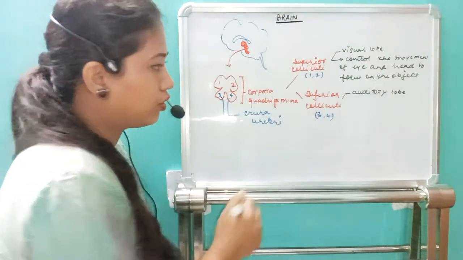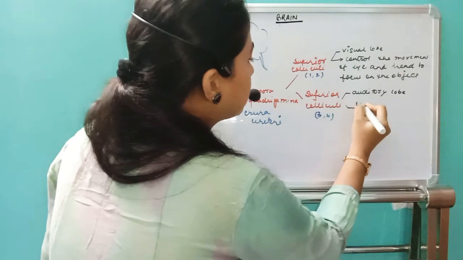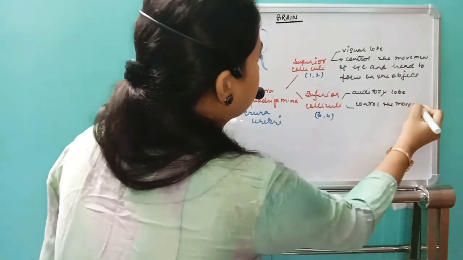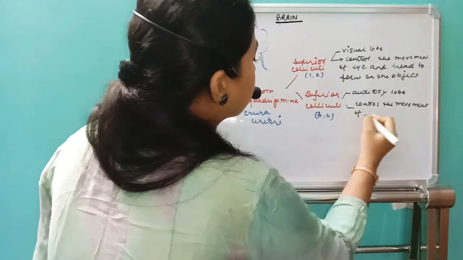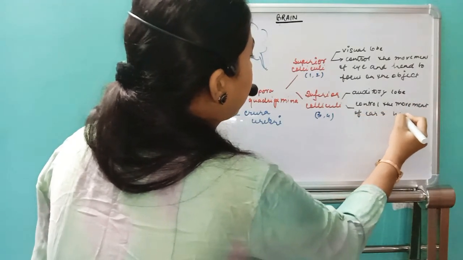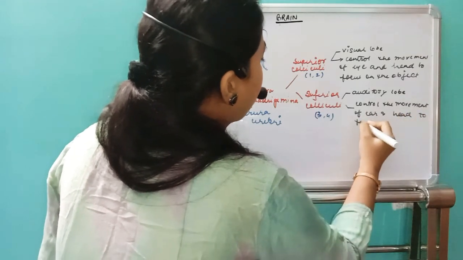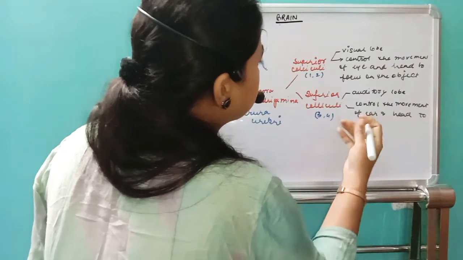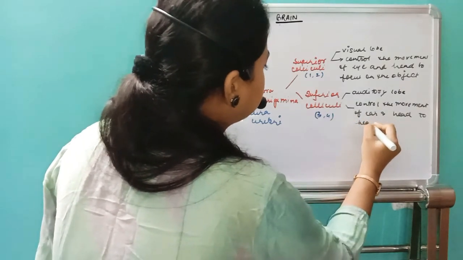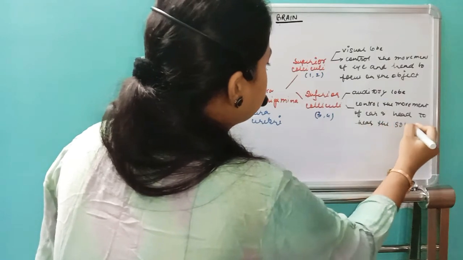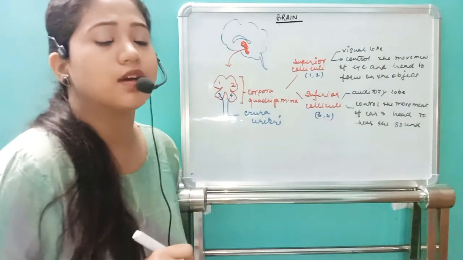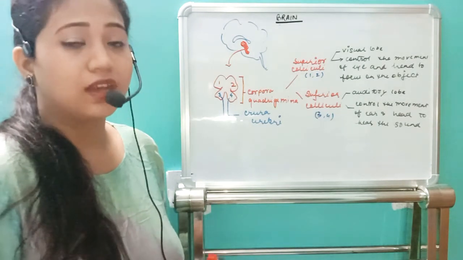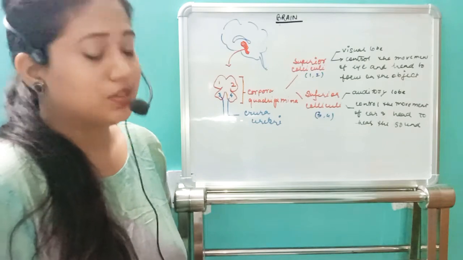Like the superior colliculi, the inferior colliculi control movement: the movement of the ear and the head to hear the sound properly. This is the function of the inferior colliculi. So there are 4 colliculi together, called the corpora quadrigemina.